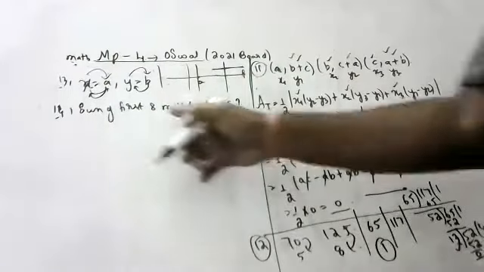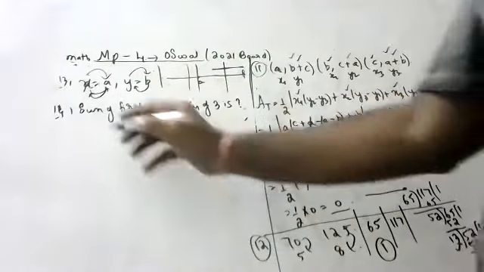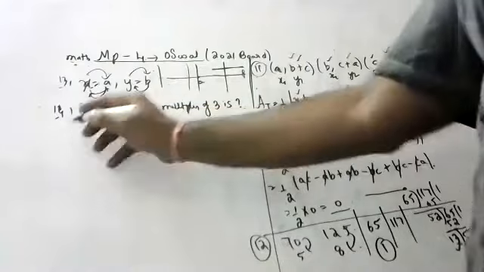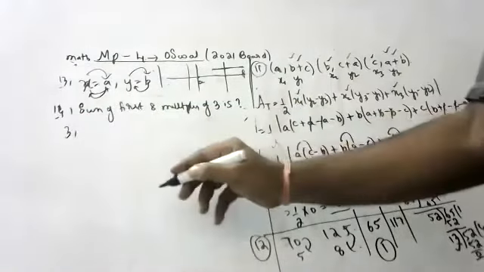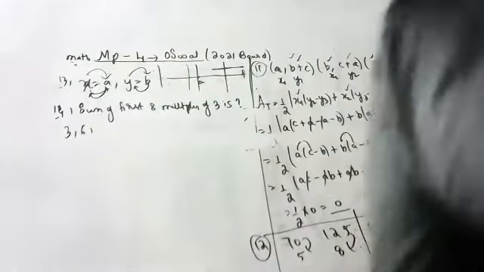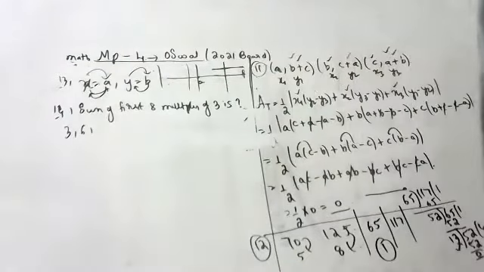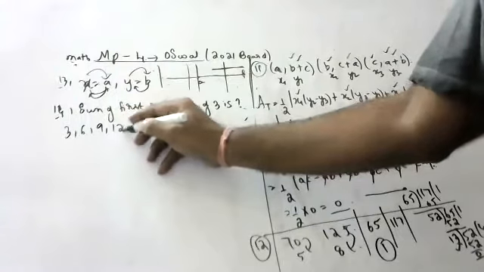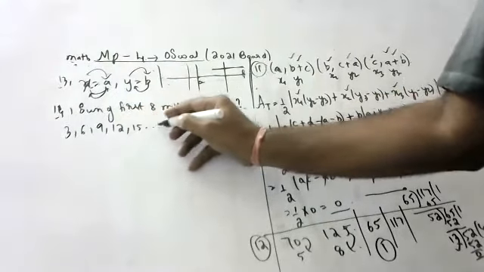Varshini, tell. Find the sum of first 8 multiples of 3. a is equal to 3, d is equal to, no, tell me the sequence first. 3, 6, 9, 12, 15.